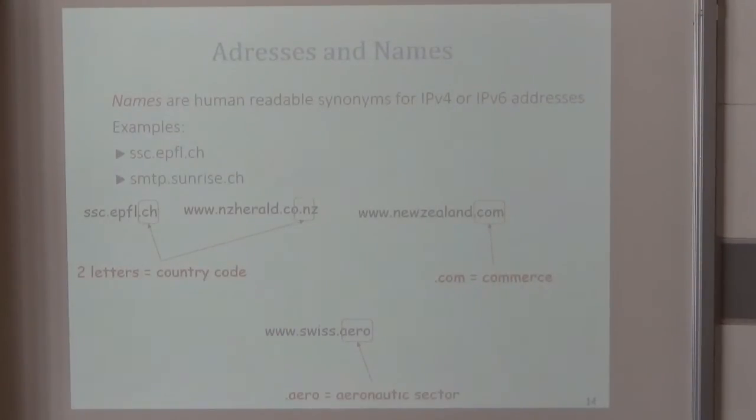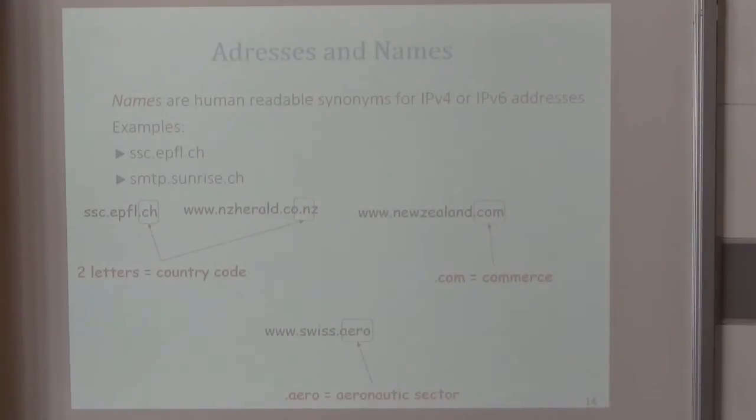So every name, not strictly, we will see there are subtle differences, but as a first approximation, we can think of a name as another way of describing an interface. For example, ssc.epfl.ch represents the web server on which you can access the communication systems program. But in practice, it is the IPv4 or IPv6 address of this server. So there is not a one-to-one, but there is a mapping between names and addresses.